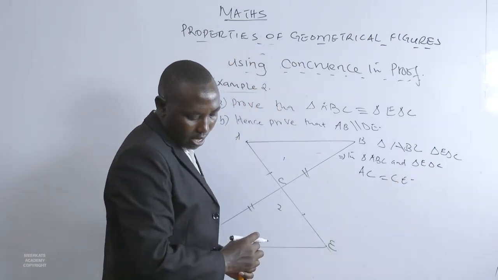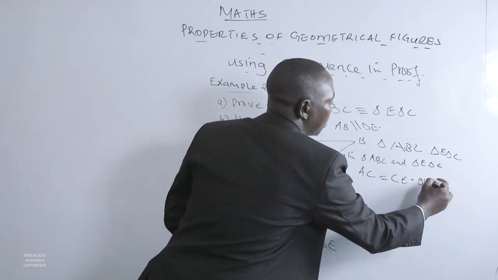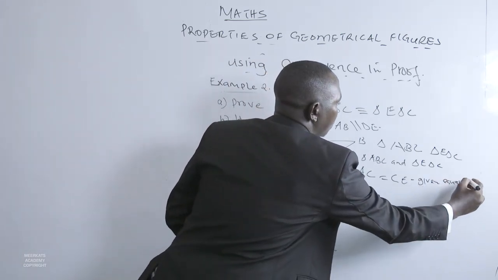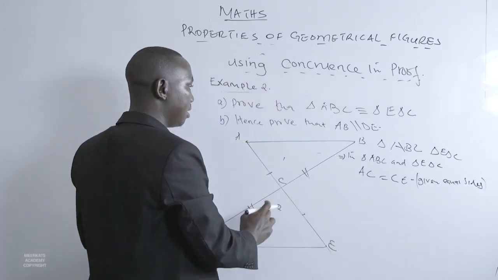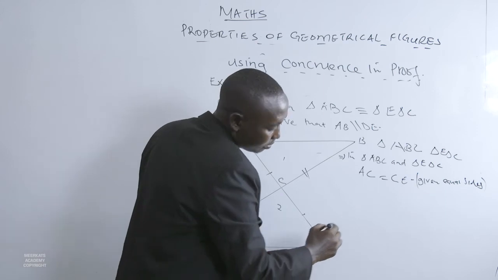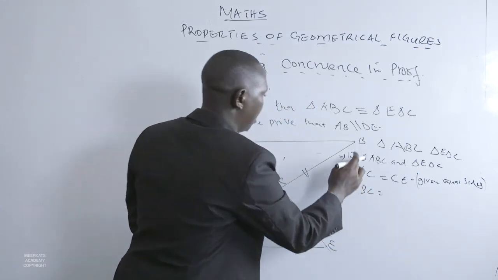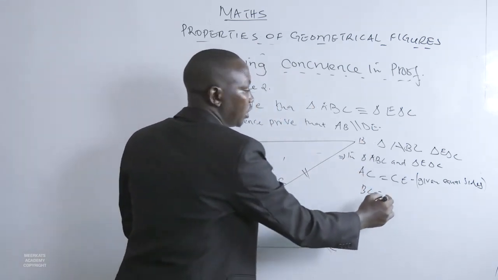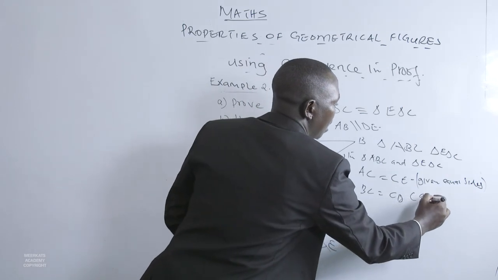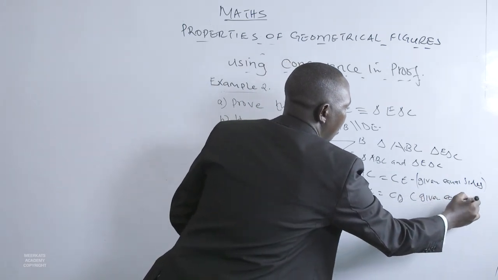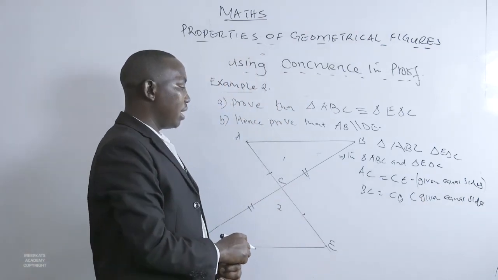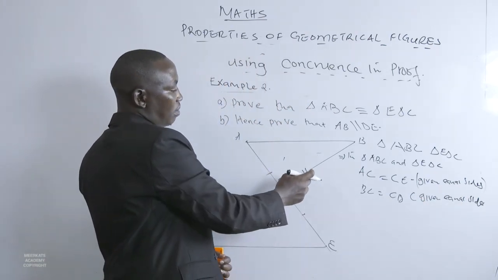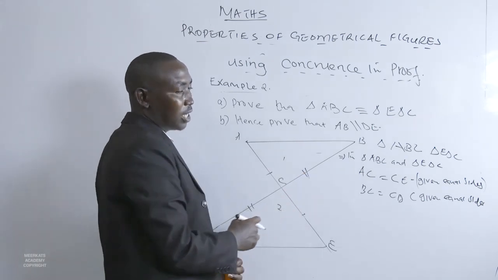Reason: given equal sides. Again, BC is equal to CD, given equal sides. Now, there is this side and this side, and this side and this side.